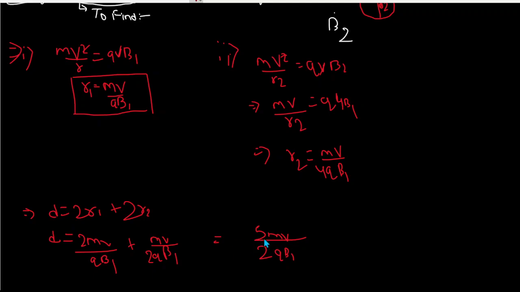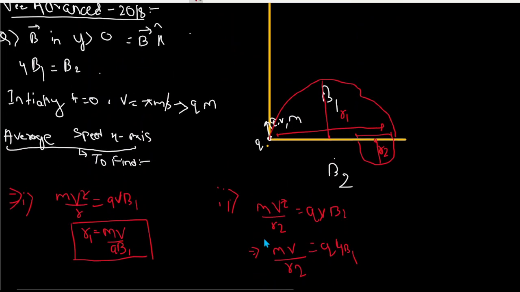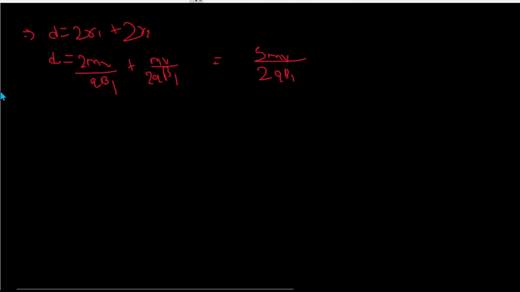What we are going to find is the time period, how much time this charged particle will be in the magnetic field B1 and the magnetic field B2. There is a simple straightforward formula for this.